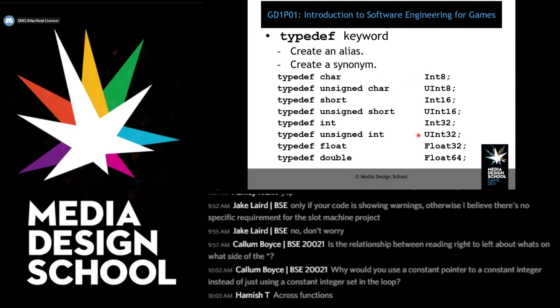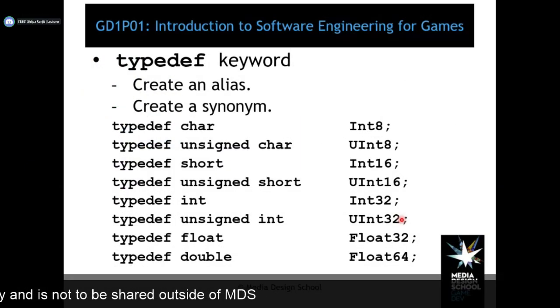So one of the reasons why you might go for a typedef is, as you can see, you have uint32. So uint32 basically helps me to understand how many bits there are for each data type.